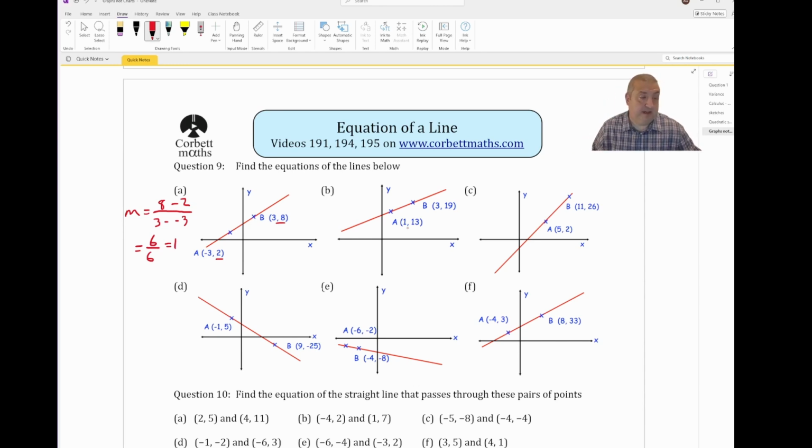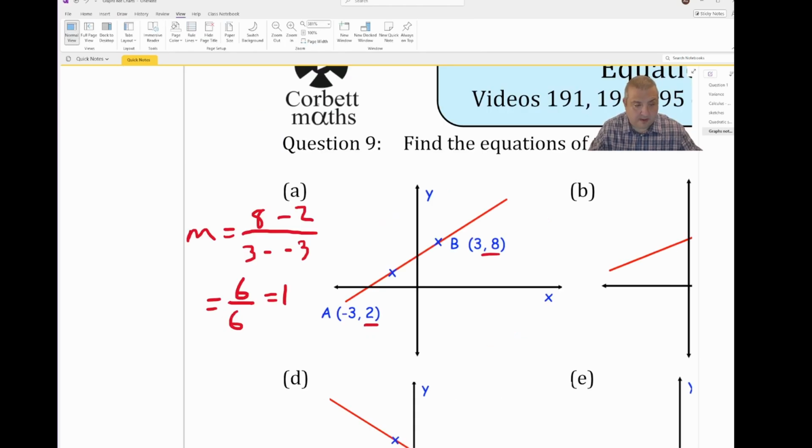Now, that means for every time we go across 1, we go up 1. Fairly straightforward. So here, if I zoom in, we know that we're going to go across 3, aren't we? From -3 to 0, 1, 2, all the way to there. And every time we go across 1, we go up 1. So if we're going across 3, then we're also going to go up 3.